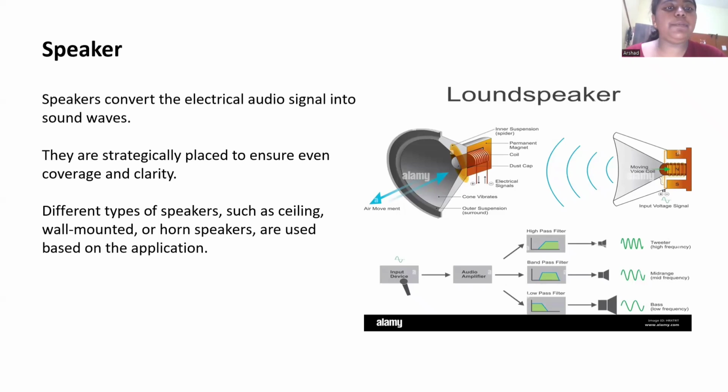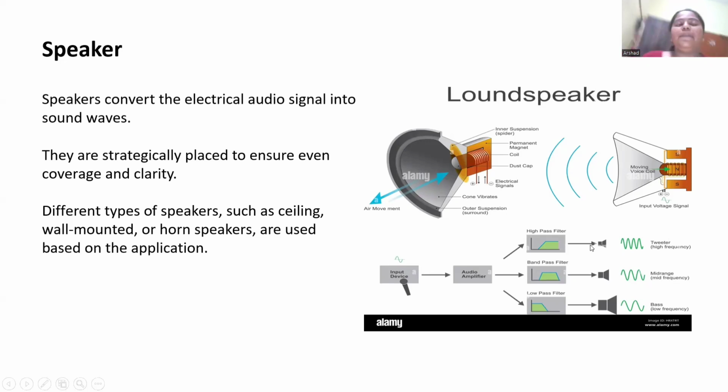They are strategically placed to ensure even coverage and clarity. Different types of speakers, such as ceiling, wall mounted, and horn speakers, are used based on the application. Like ceiling and wall mounted are used for home theaters, and horn speakers are like small Bluetooth speakers, used to enhance the voice of the audio.